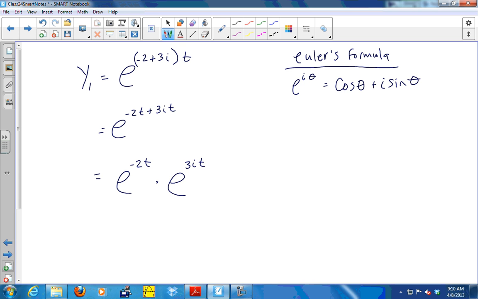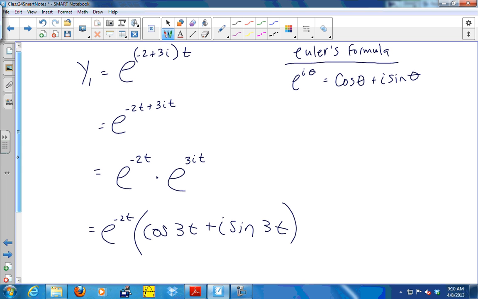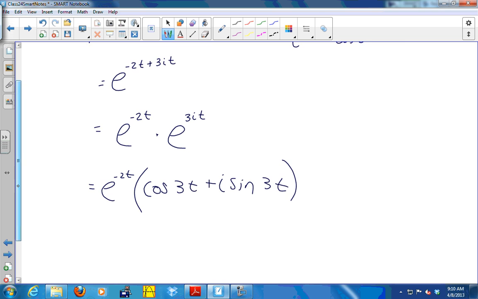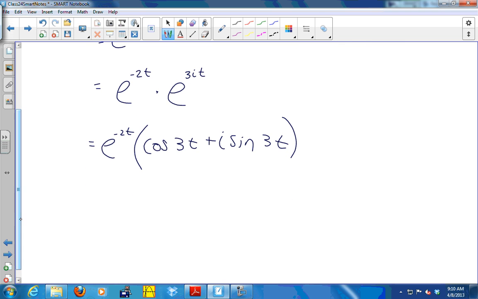This is e to the 3t i. Okay, so I've got e to the negative 2t times cosine 3t plus i sine 3t. Distribute the e to the negative 2t.